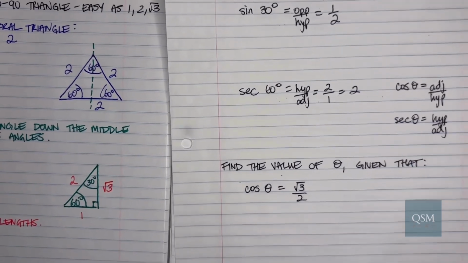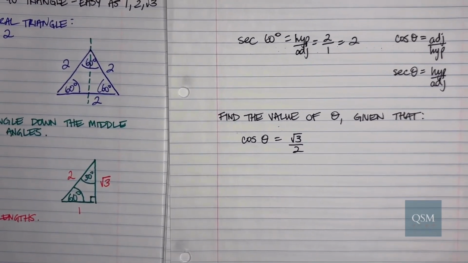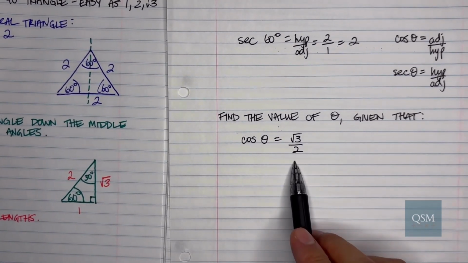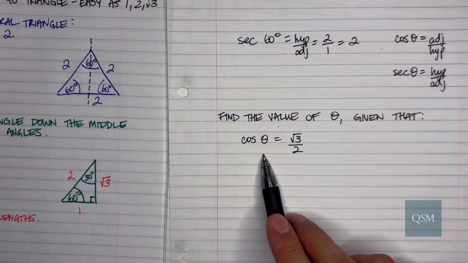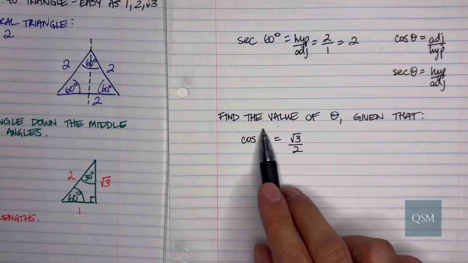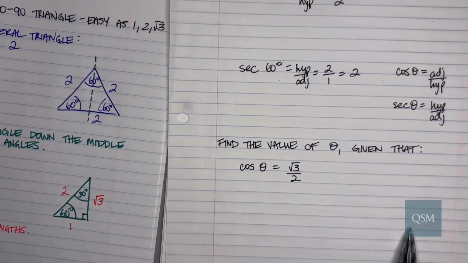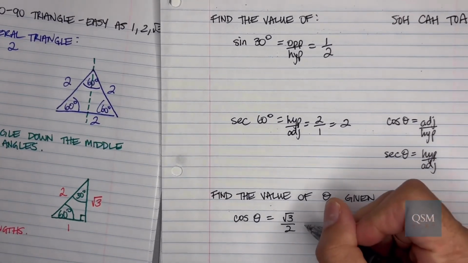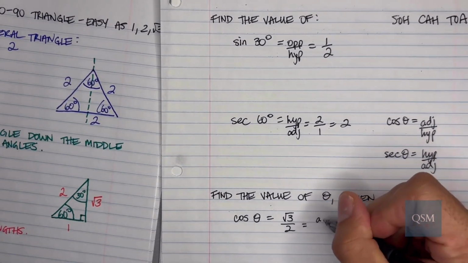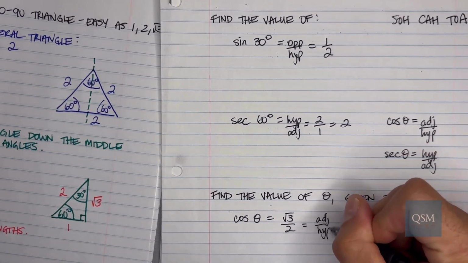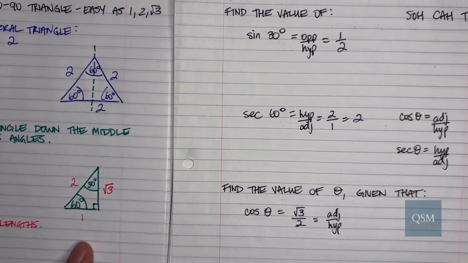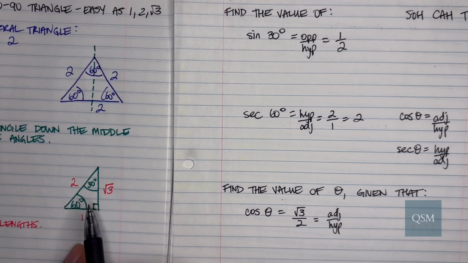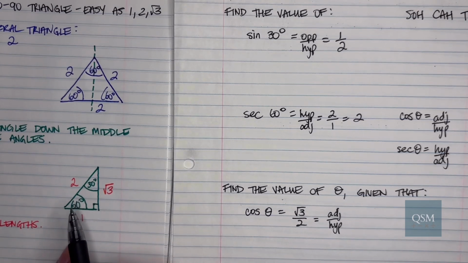And the last thing I'm going to do here is another type of problem. What if you are given the ratio and you're asked to find the angle? So here I have cosine of theta is equal to root 3 over 2. Again, using SOHCAHTOA, I know that root 3 over 2 has to equal my adjacent over hypotenuse. So going back to this triangle, which of these side lengths would be adjacent to the angle?